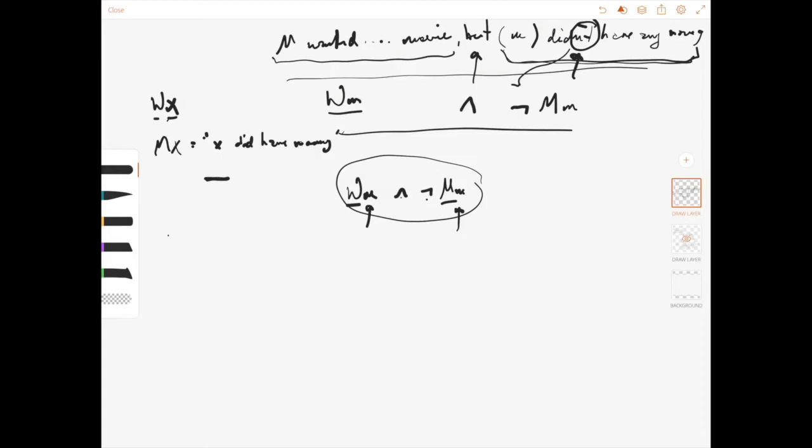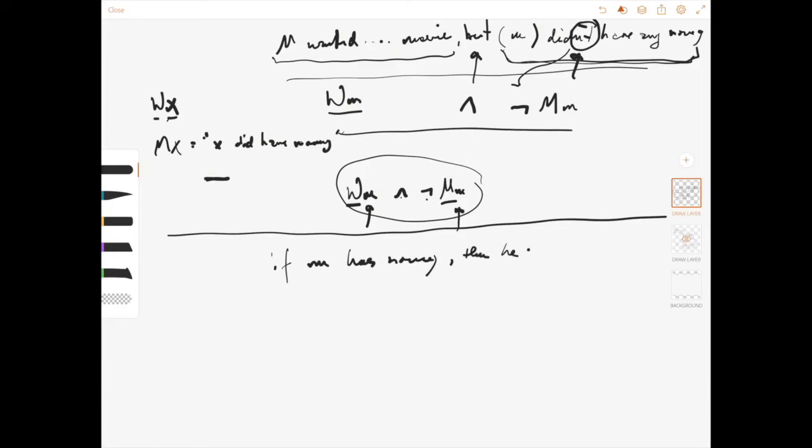Okay, let's do one more example. Let's do this: "If Matthew has money, then he will go to the movie." So let's write that down. If Matthew has money, then he will go to the movie.